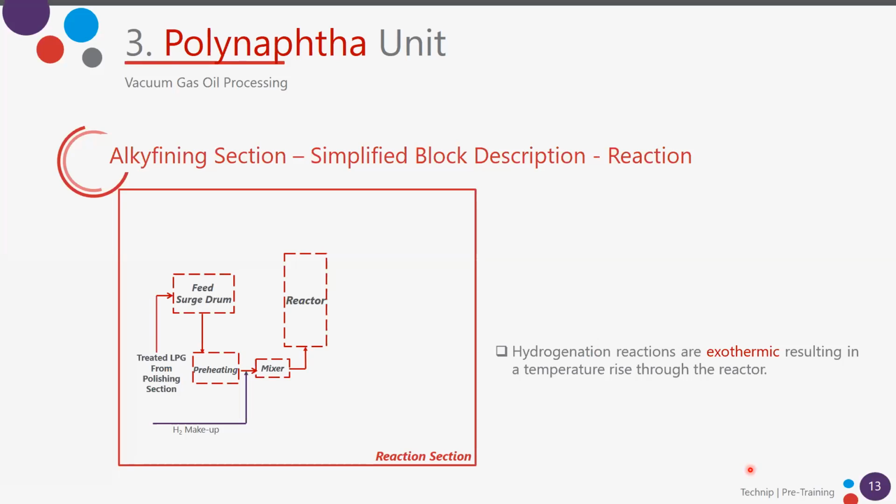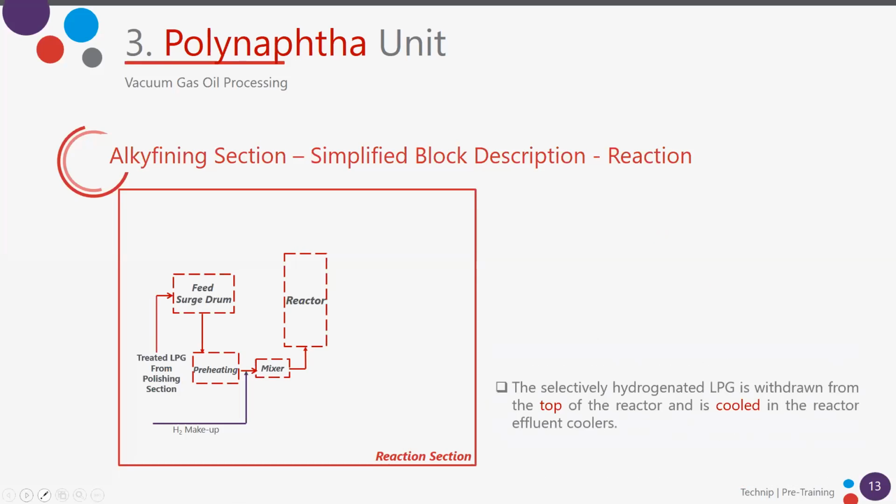And this reaction is an exothermic reaction, so we will have a temperature rise through the reactor. The selectively hydrogenated LPG is withdrawn from the top of the reactor and is cooled in the reactor effluent coolers.